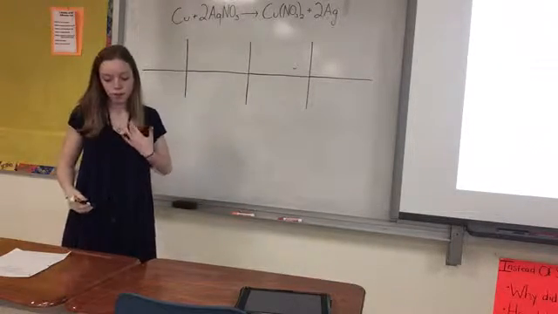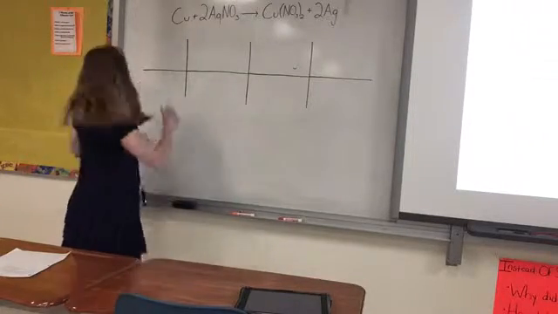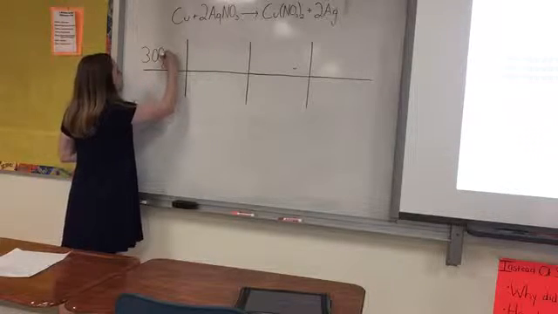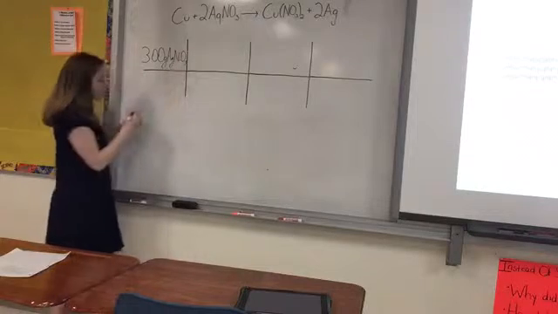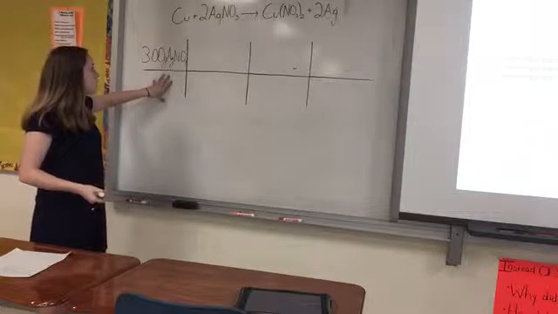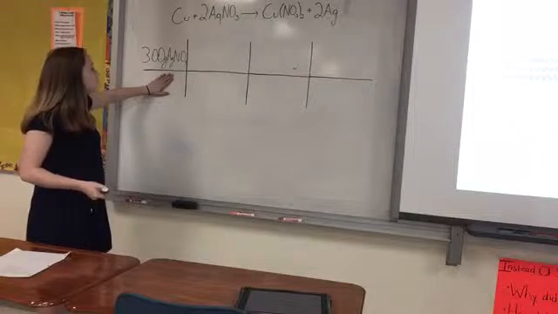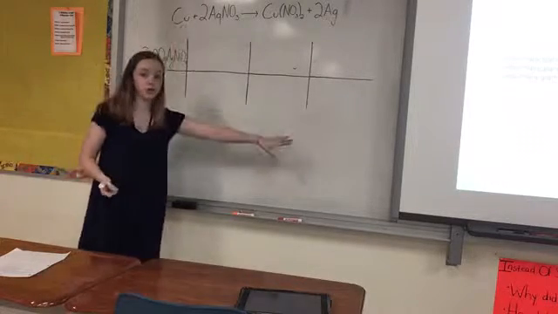The way that I like to do it is we just found out that the 3 grams of silver nitrate is our limiting reactant, so I like to start with the 3 grams of silver nitrate. The reason I like to do it this way is because this is how much of the limiting reactant you're using, and then we're going to find out when you use this much of the limiting reactant, how much of this is also going to be used.